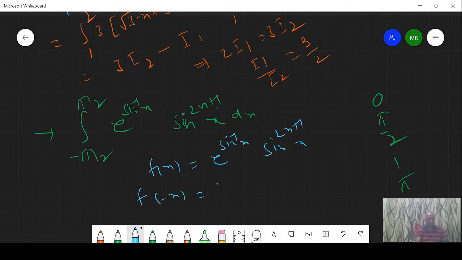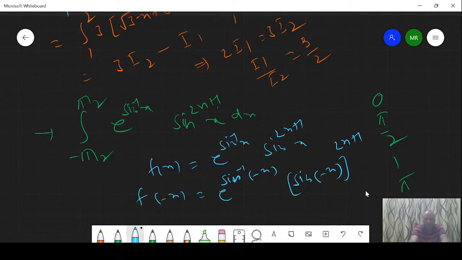Then it becomes e power sin inverse of minus x, times sin of minus x whole power 2n plus 1. Correct? It comes like this.